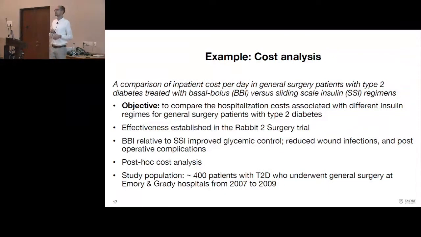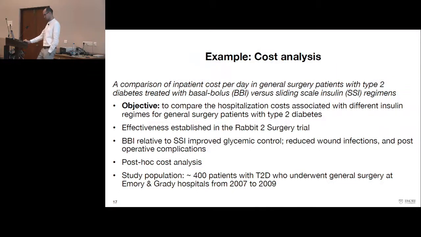This is a study that was done by my colleague from Emory, and it was a comparison of inpatient costs per day in general surgery patients with type 2 diabetes treated with basal bolus versus sliding scale insulin regimens. The objective was to compare the hospitalization costs associated with different insulin regimens for general surgery patients with type 2 diabetes.